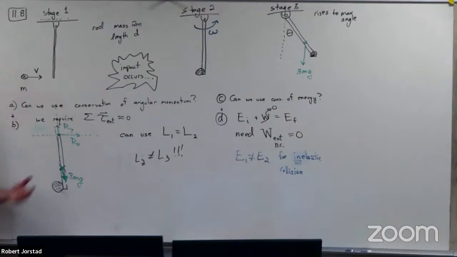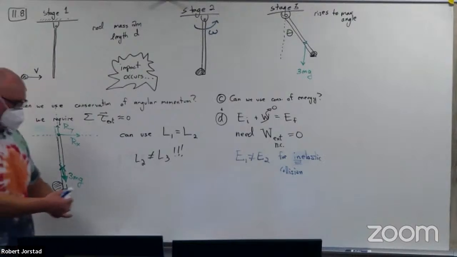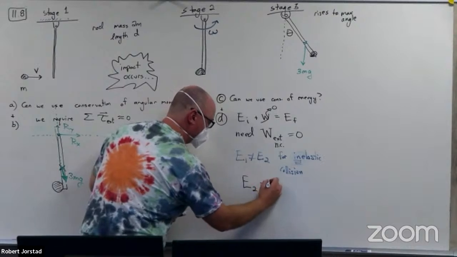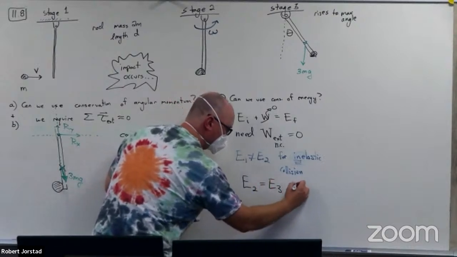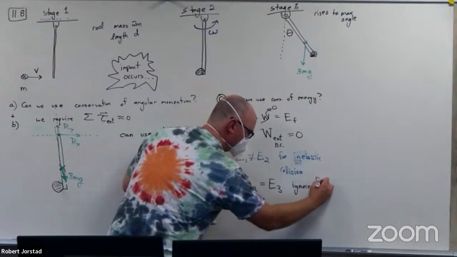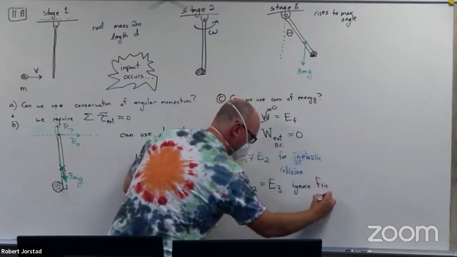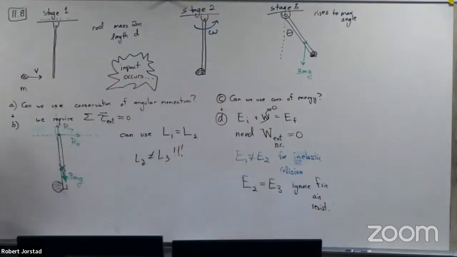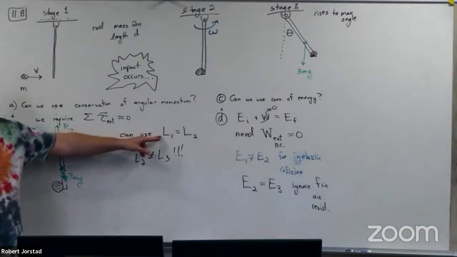Probably not really true, but approximately true. If you try to swing a meter stick through the air, you're going to get some air resistance. But we're going to assume E2 is equal to E3 if we ignore friction and air resistance. And that makes the problem doable. So it's not going to be exactly right, but it should be pretty close. Sort of like this one wasn't exactly true, but it's going to be pretty close.